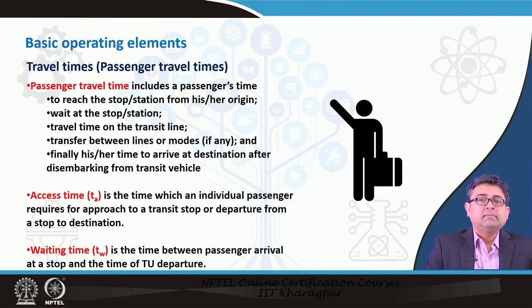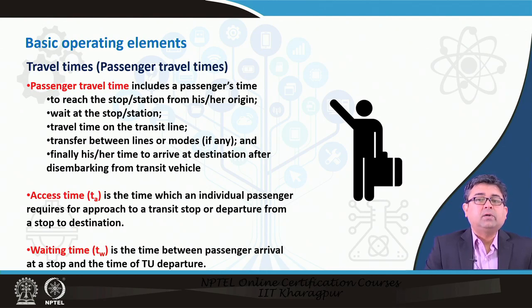But many times accessing and egressing from the transit stations and waiting at the transit stops also take up a lot of time. And sometimes the next element may not always be present, but if you are transferring between two stations or two transit lines, then there is some time involved in this transfer.